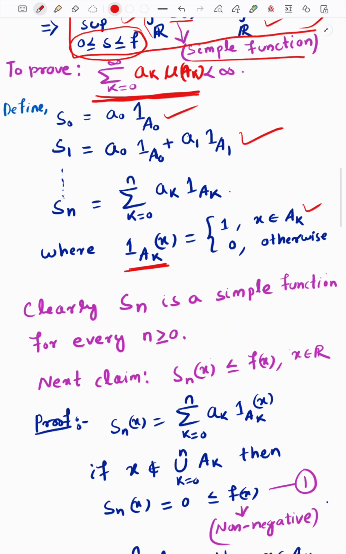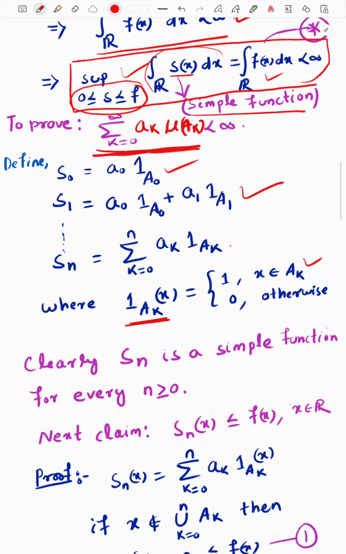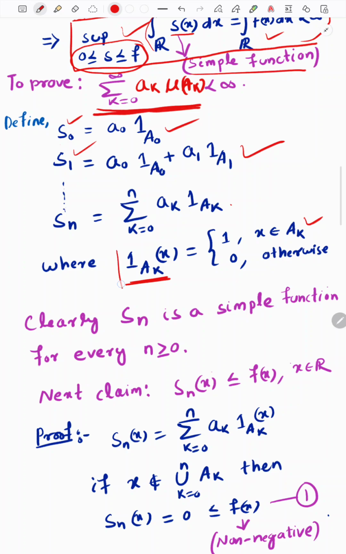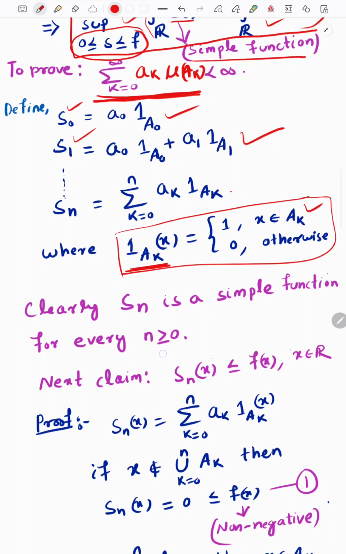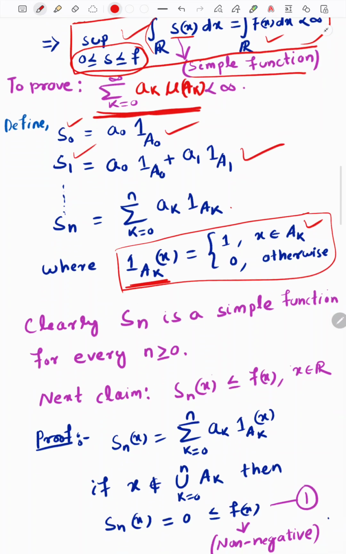By using this set A_k, I define the indicator functions, and by using these indicator functions I define s_0, s_1, up to s_n. These are not sets, these are functions. Clearly this s_n is a simple function.